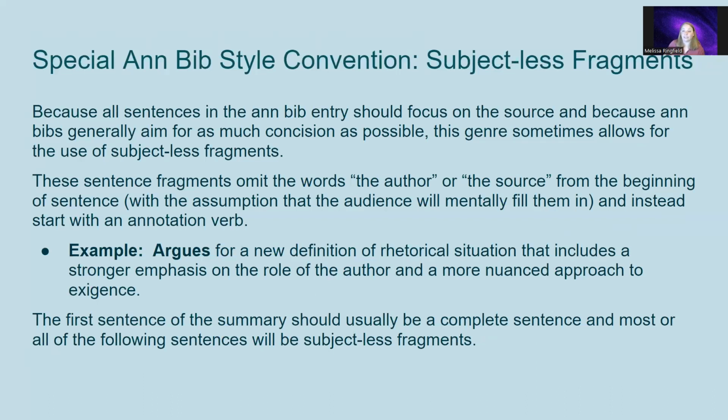And these sentences then start instead with an annotation verb. For example, argues for a new definition of rhetorical situation, where the words the author is left out, but you can fill that in yourself. The first sentence of the summary should usually be a complete sentence, and then most or all of the following sentences will be subjectless fragments.